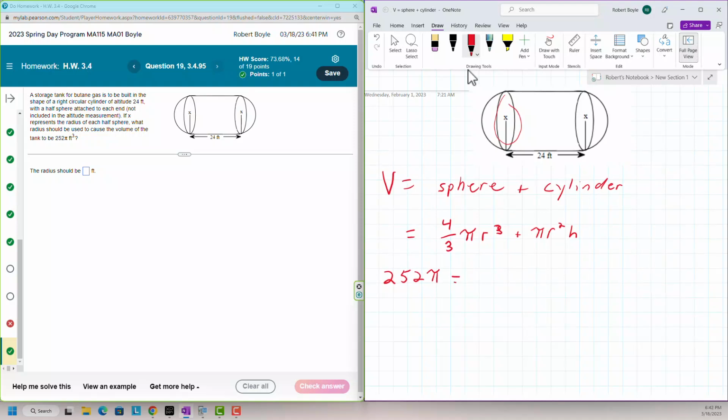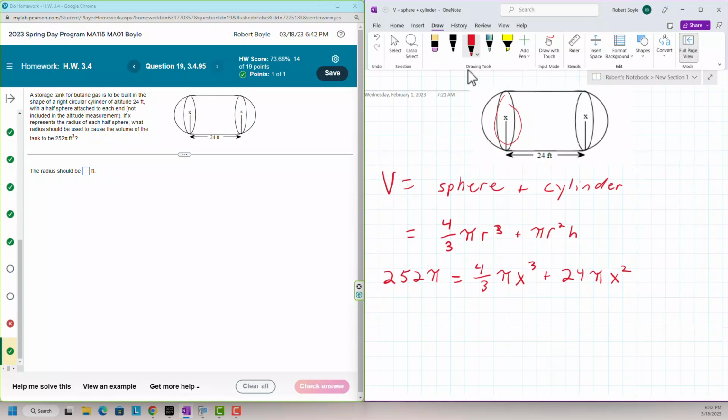Okay, well that's going to be equal to 4/3 pi, and our radius is x, cubed, plus, and now the altitude or height is 24 feet, 24 pi x squared, because once again, x is our radius.